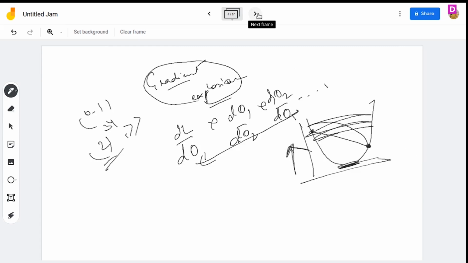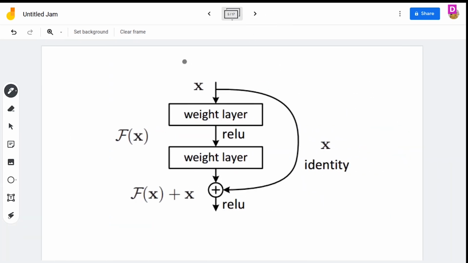To solve this problem, the researchers came up with a very brilliant solution. They came up with something known as a residual block. This is known as a skip connection. We'll discuss everything.